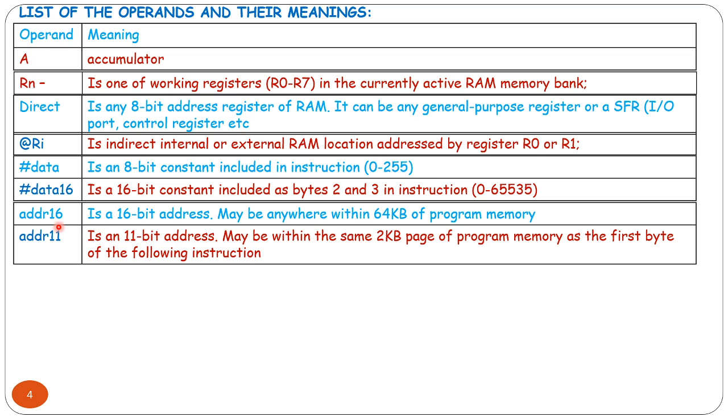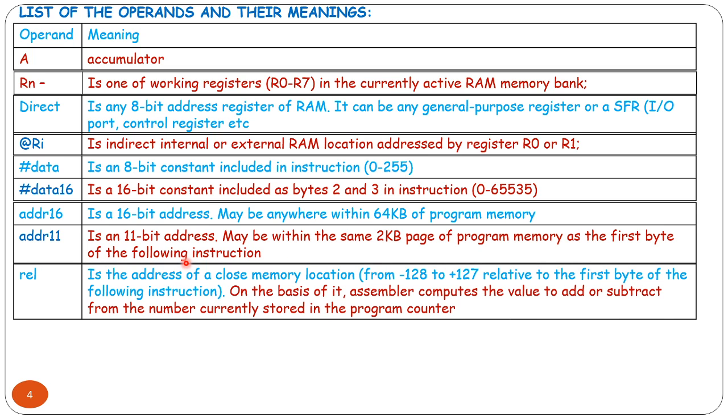Addr16 is a 16-bit address that may be anywhere within the 64K program memory. Addr11 is an 11-bit address that may be within the same 2 KB page of program memory as the first byte of the following instruction. Rel is the address of a nearby memory location from -128 to +127 relative to the first byte of the following instruction.